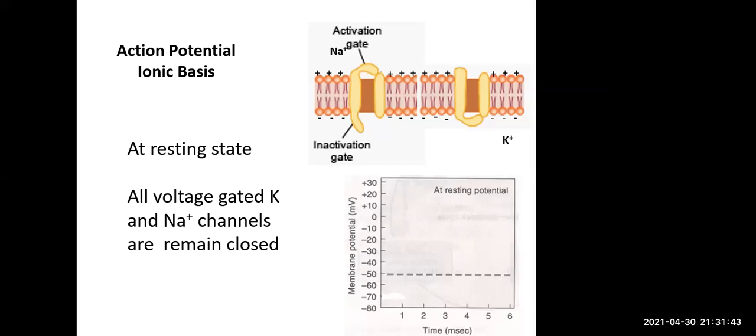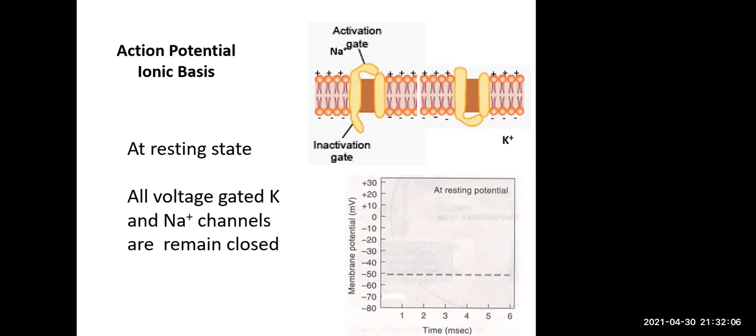Sodium ion concentration outside the cell is 145 milliequivalent per liter, whereas inside it is 15 milliequivalent per liter. So sodium concentration outside is more than inside. Whereas for potassium, the concentration inside is 150 milliequivalent per liter, and outside is 5 milliequivalent per liter. So the inside concentration of potassium is more.